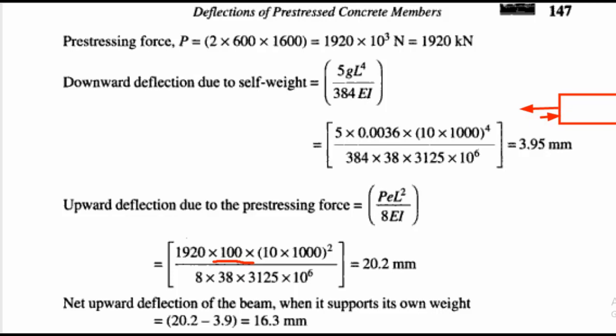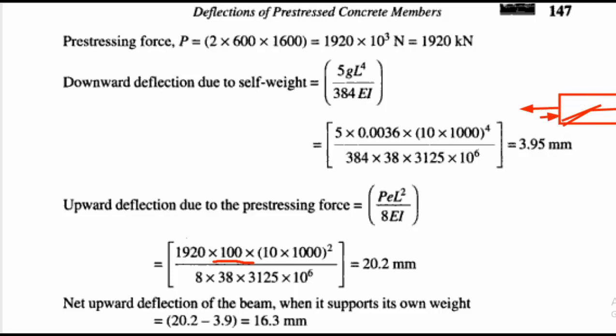Due to generation of the pre-stressing force, it will generate a parabolic profile. Normally, with a parabolic tendon, the pre-stressing force will deflect the beam.